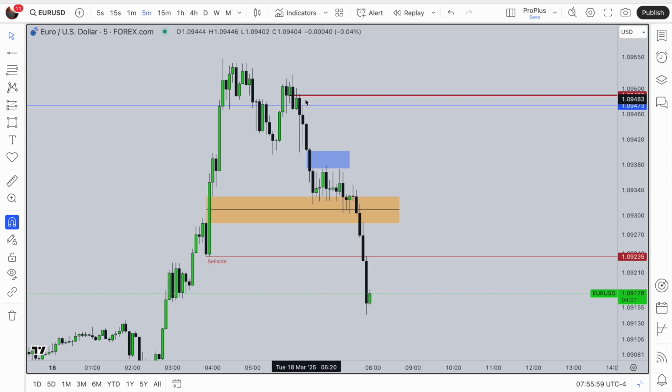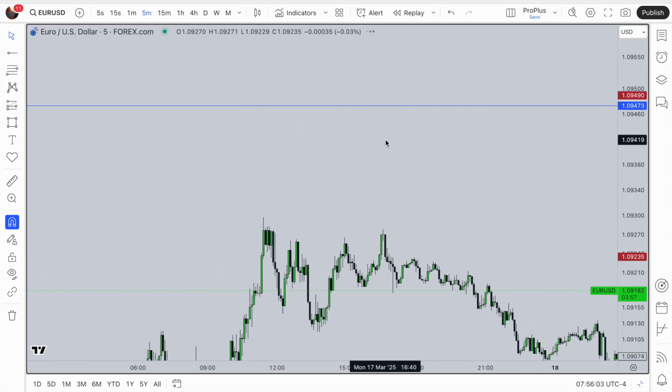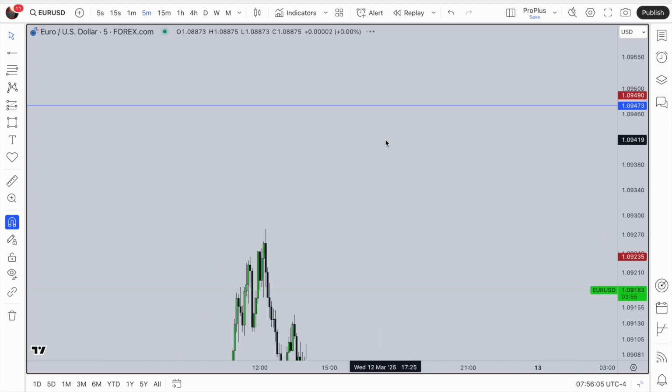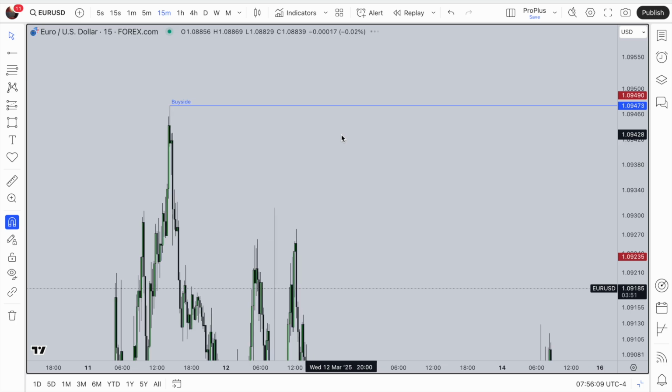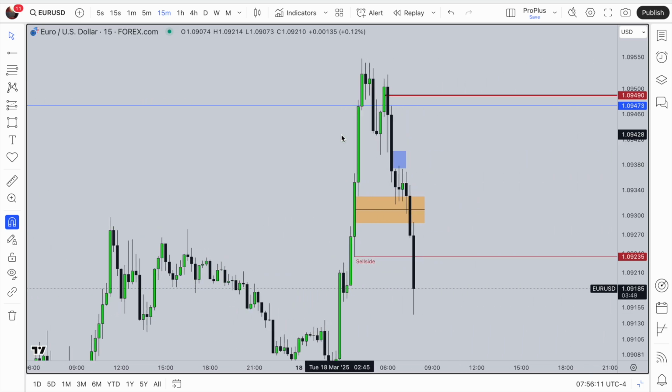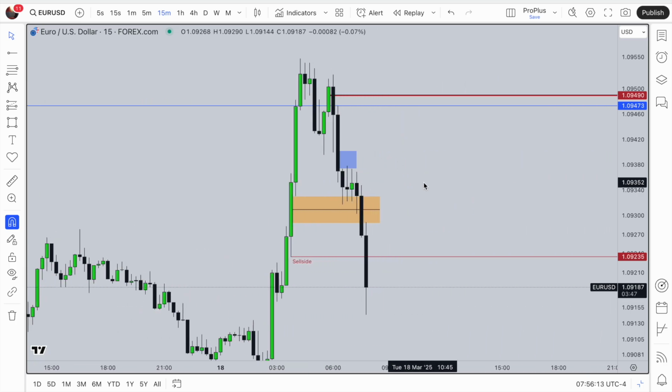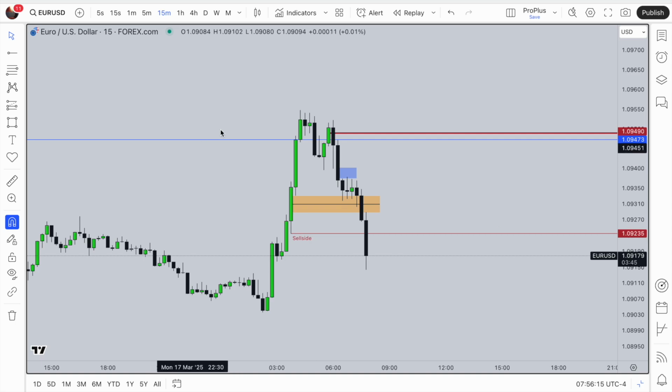So nothing that I can see which is clear. Looking to the left as well, there's just buy side here. So yeah, looking on the 15, it'll be so buy side taken there.